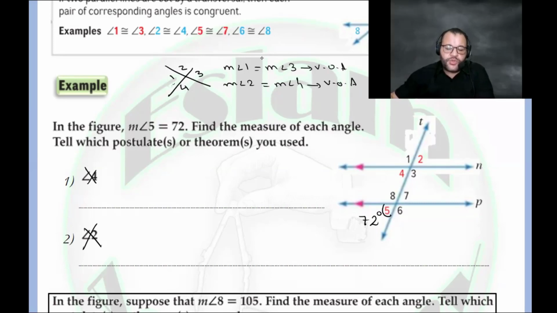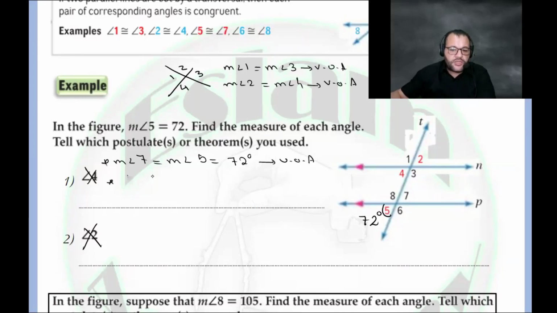What is the relation between angle 1 and angle 2? They're supplementary, because they lie on the same line. So the measure of angle 7 equals the measure of angle 5 equals 72 because they are vertical opposite angles. That is the first one.